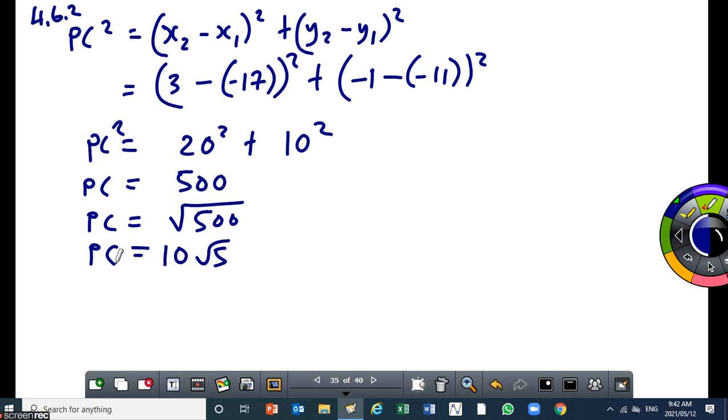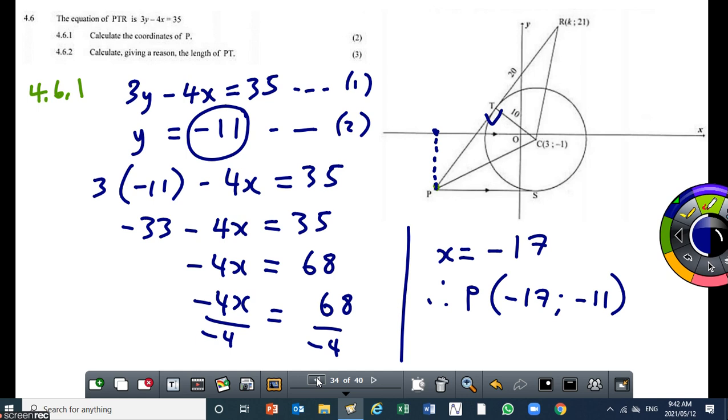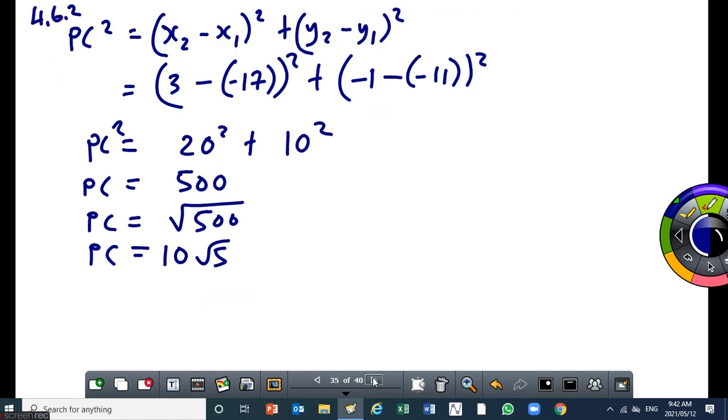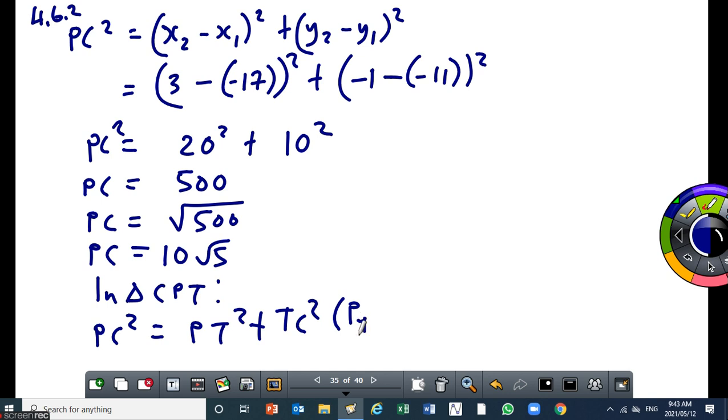So, to go back here, I'll say in triangle CPT, we're going to have PC squared equal to PT squared plus TC squared. That's Pythagoras. Alright, this is the theorem of Pythagoras.